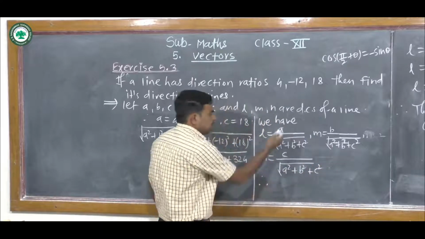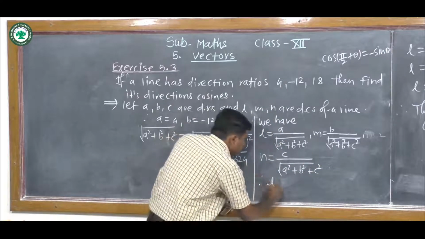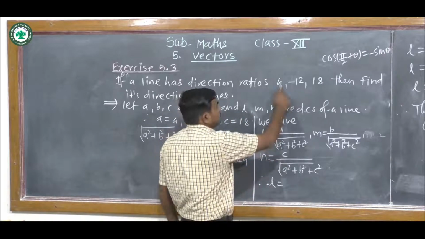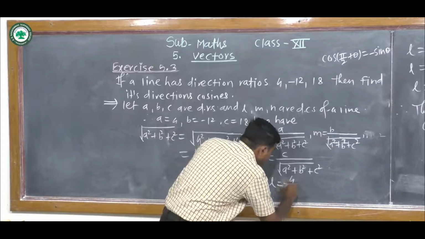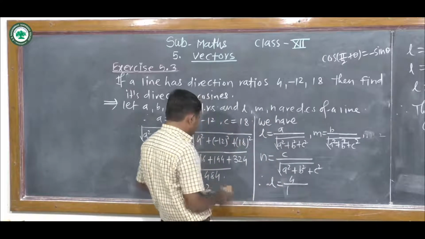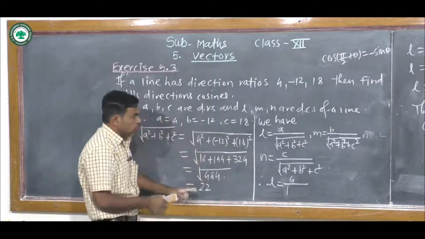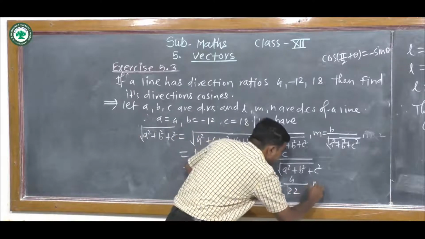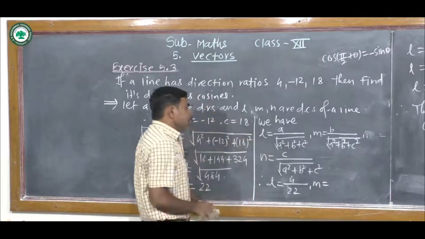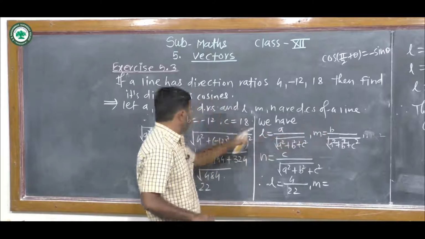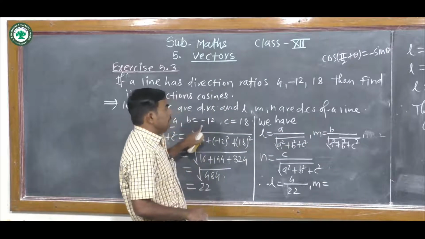So therefore, using this formula, l is equal to, see, what is a? a is 4. a means this one, that is 4, divided by square root of a square plus b square plus c square, that is 22 here. So 4 divided by 22, comma, m is equal to b divided by the square root of this one. So what is the value of b? b is minus 12.